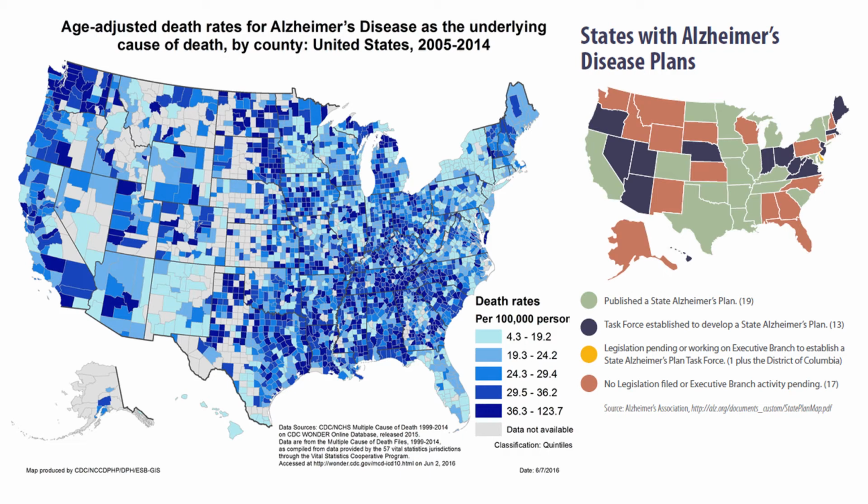And as you can see from the map on the left, death rates tend to be higher in the poorer states in the southeastern part of the country.